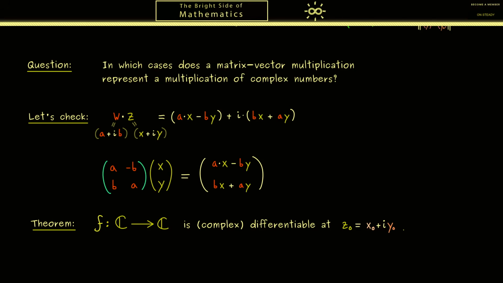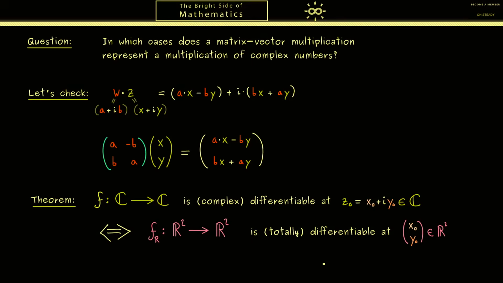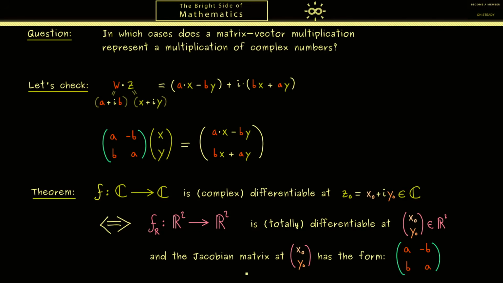And now we can just split this point into a real and an imaginary part. As before, we call them x0 and y0 respectively. So, with the reasoning from above, we know that this statement here is equivalent to the statement that the corresponding real function fR from R2 to R2 is totally differentiable at the point (x0, y0), and that the Jacobian matrix at the point (x0, y0) has the symmetric form from above.